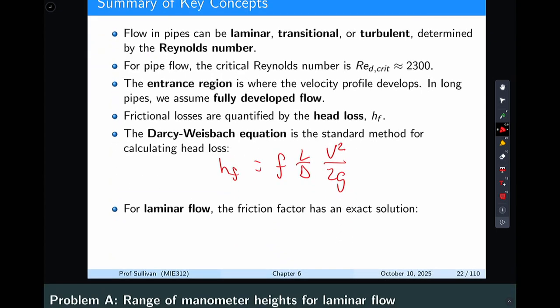And for laminar flow, it ends up being 32 mu LV divided by rho G D squared.